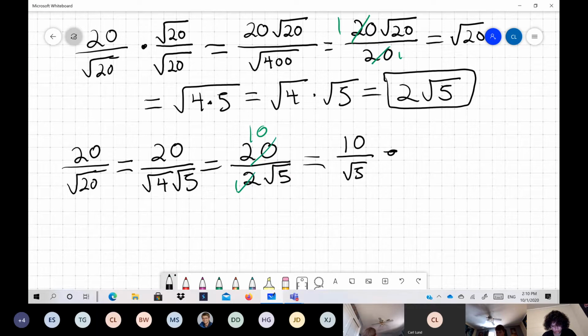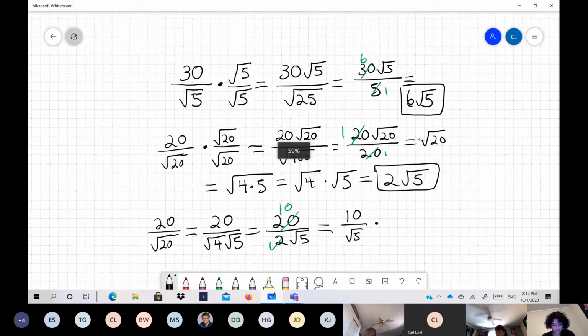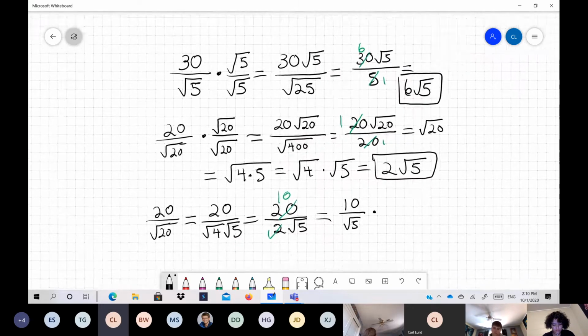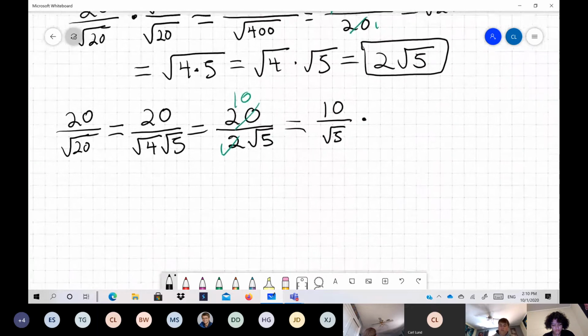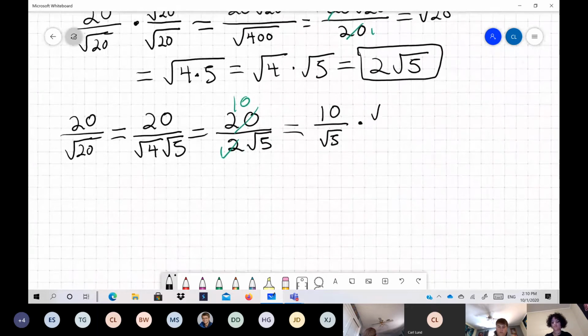And then I can multiply numerator and denominator by the square root of 5. Sorry about that. That's supposed to be a 5 in both places.